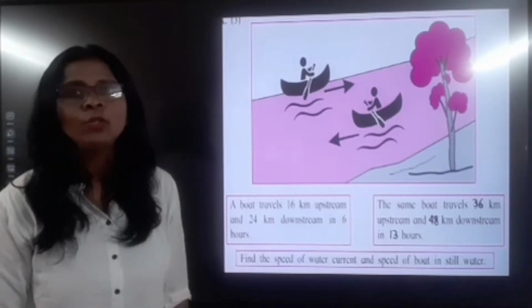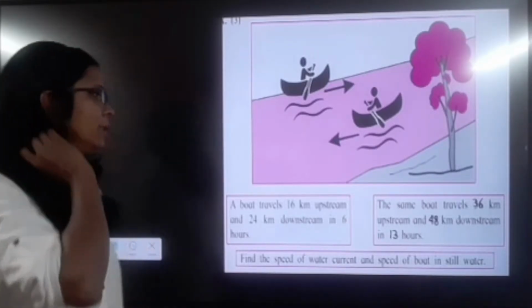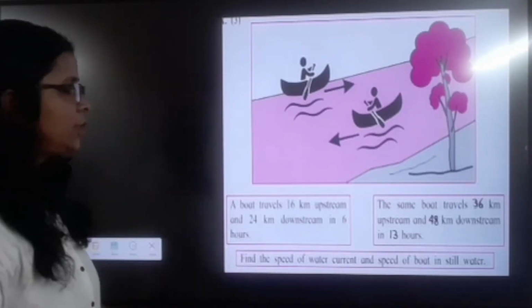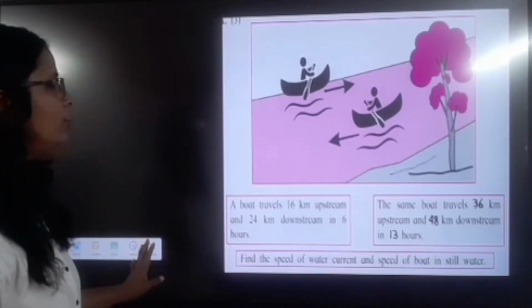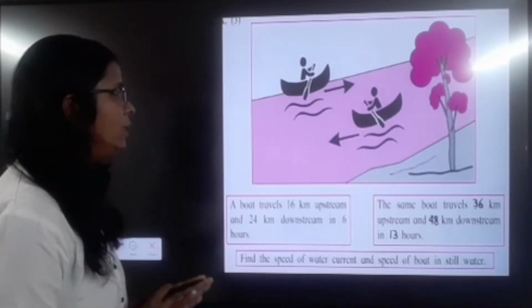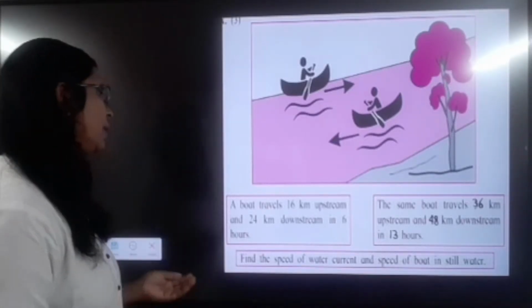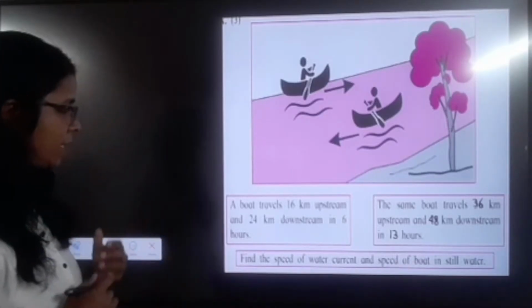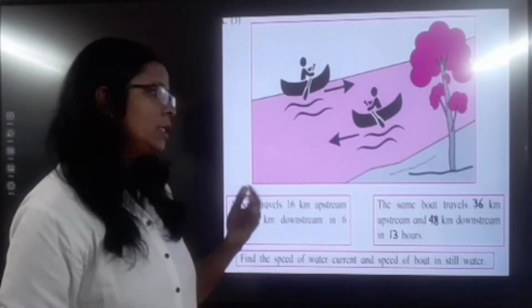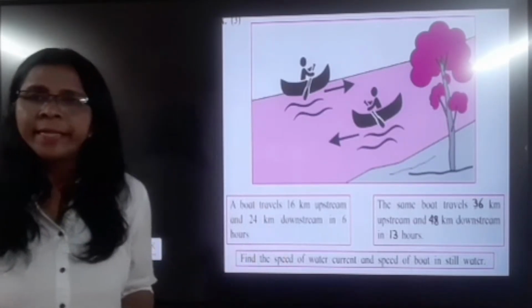Okay students. So now here, there are two conditions. So we have to solve it one by one. That is, what is upstream, what is downstream, and here the speed of water current, speed of boat in still water.